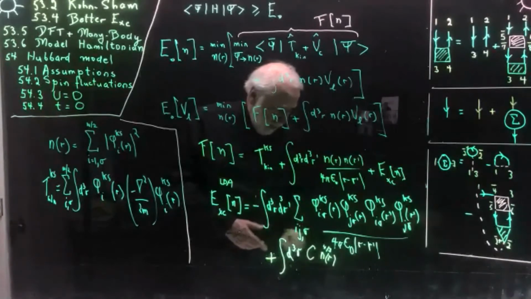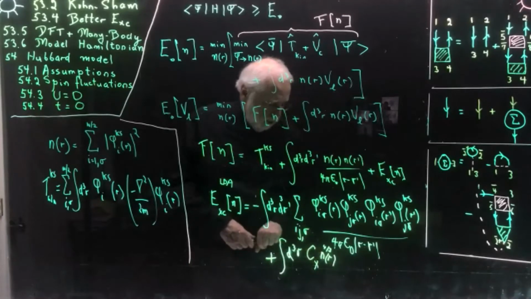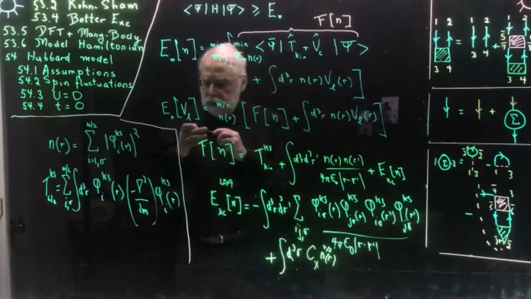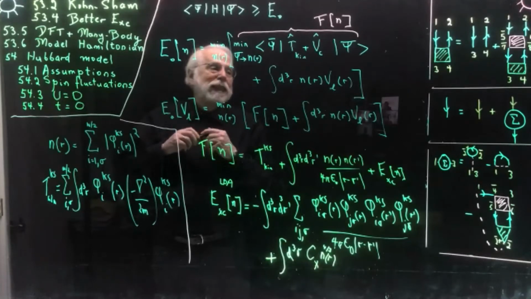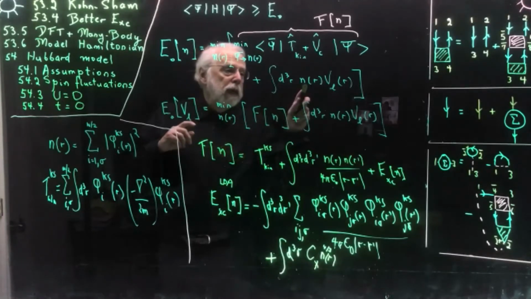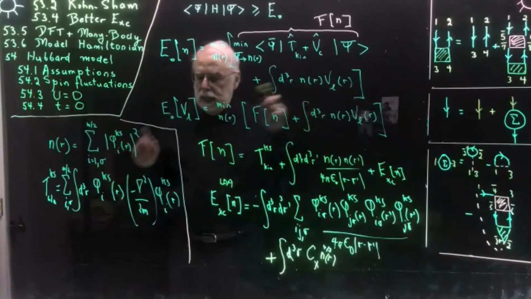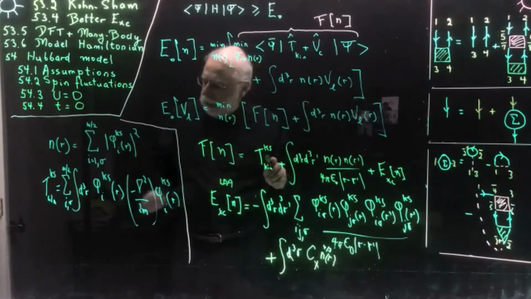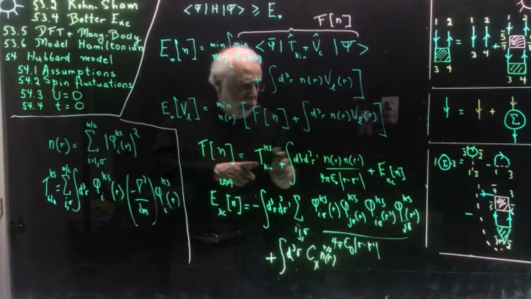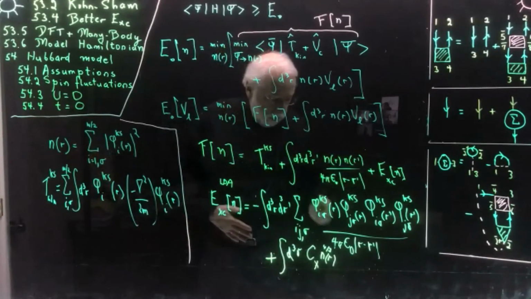You have to find this constant by solving this problem. The problem is now well defined in terms of minimization, because I can minimize with respect to these orbitals. I have the Kohn-Sham orbitals that come in here, the Kohn-Sham orbitals again here, and here I have the density.